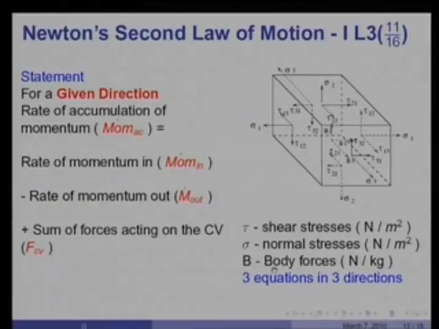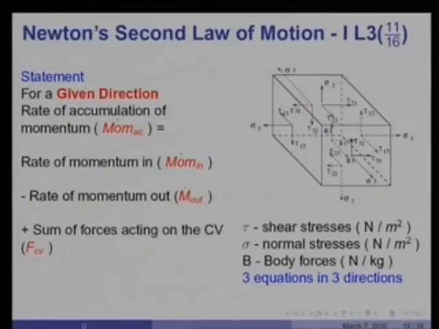In addition, there could well be body forces due to buoyancy or Coriolis force or a centrifugal force or an electromagnetic force. A fluid can experience a variety of forces, body forces in particular. These are all the forces.